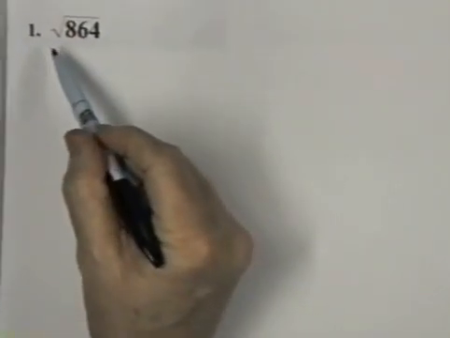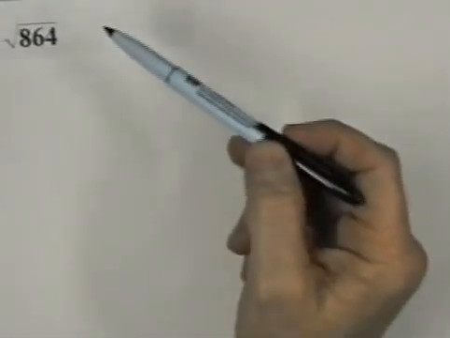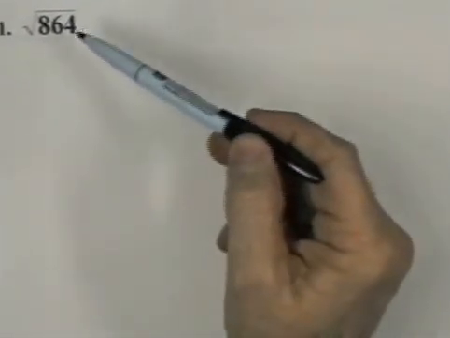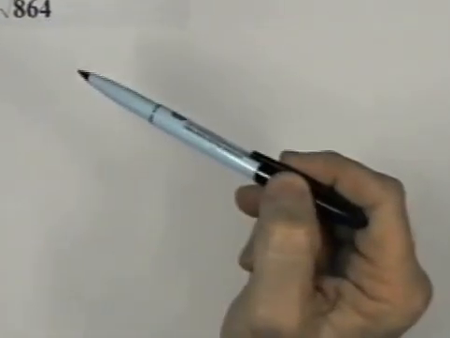So let's look at this first one. The square root of 864. I want to write this in simple radical form. So my no-nos are those 4 things that I don't want this radical expression to possess as characteristics. Some of them are obviously not present. There is no fraction under the radical. There are no negative exponents under the radical.